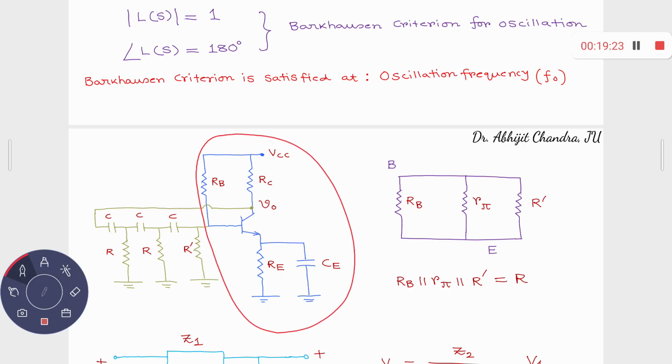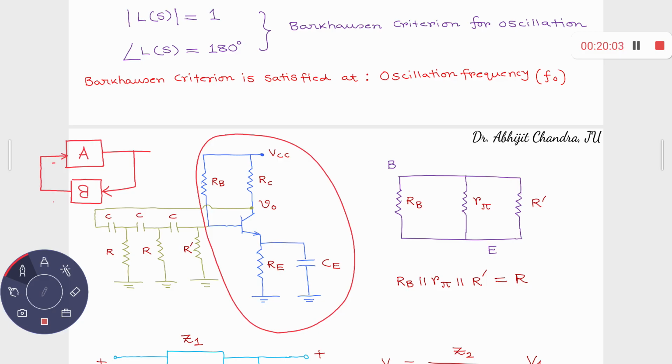So, let me just show you over here. This is the amplifier. This is the back network. The input of the back network is nothing but the output of the feed network, and here the output of the back network is fed back to the input of the feed network like this.